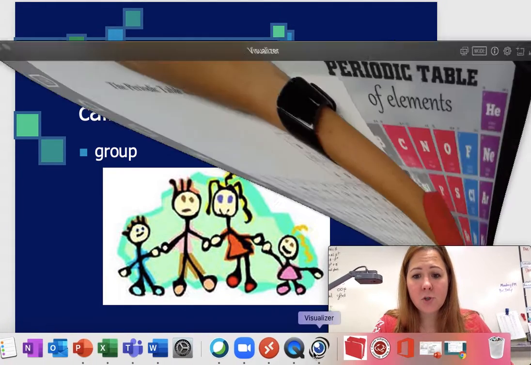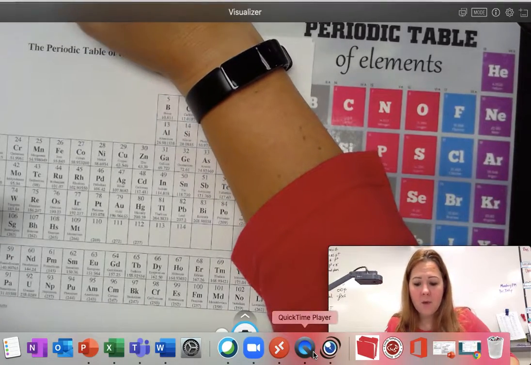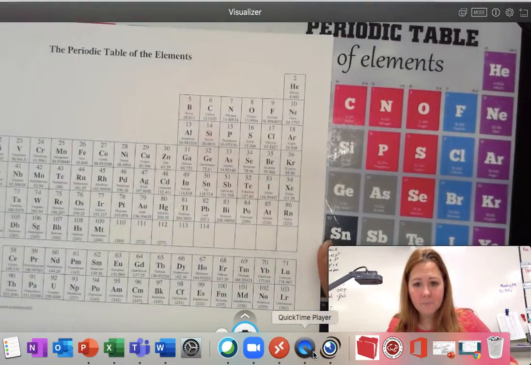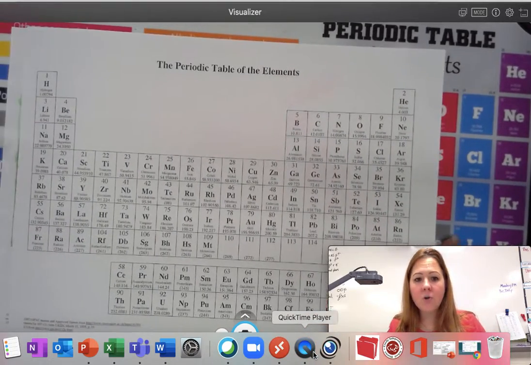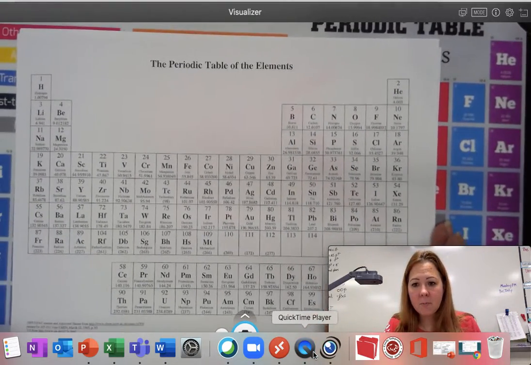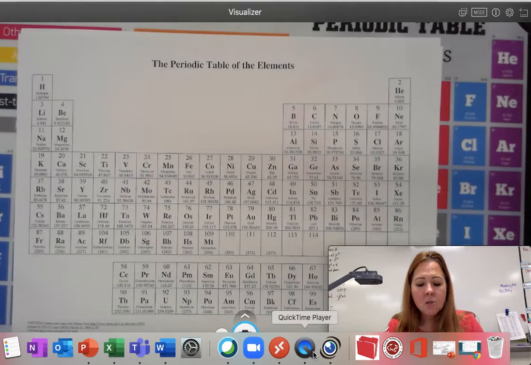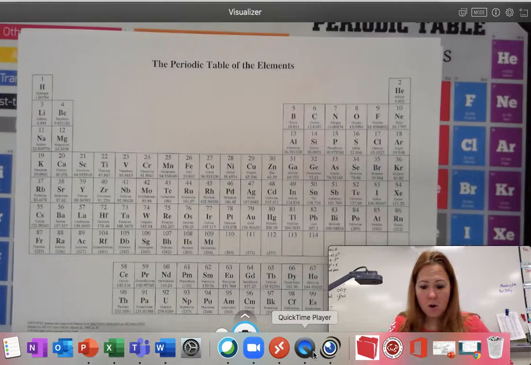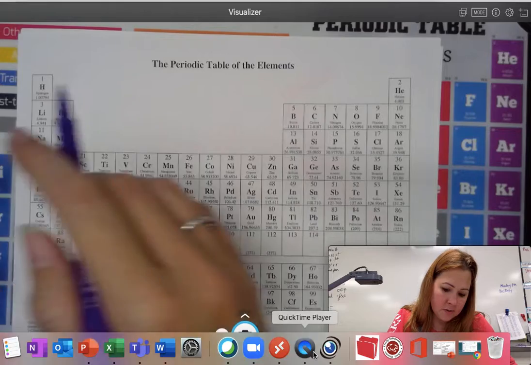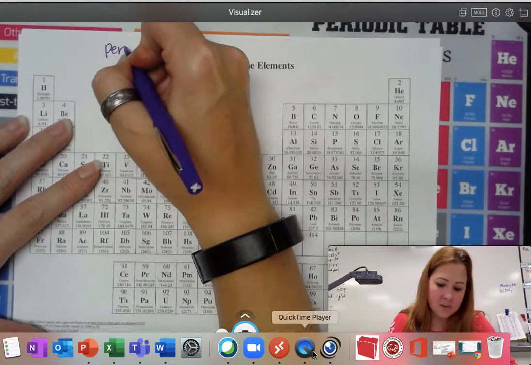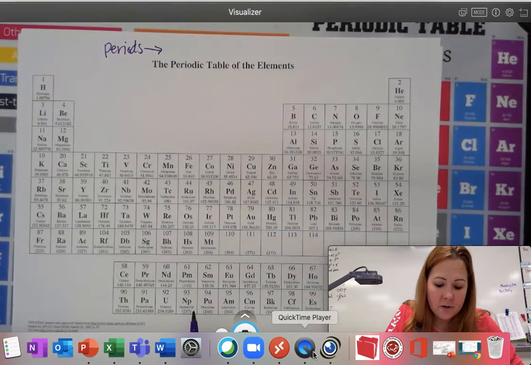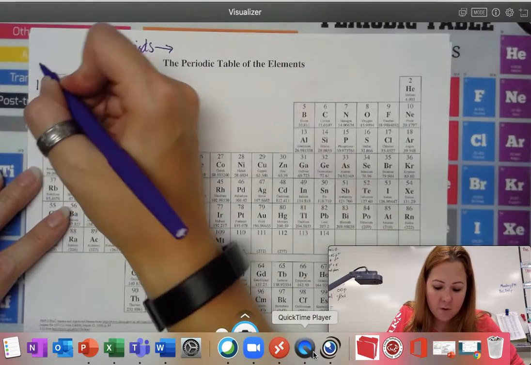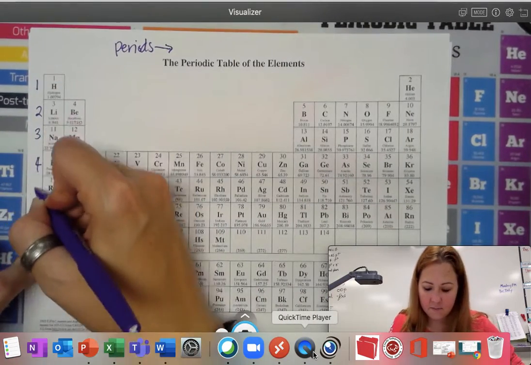So if I switch over to my document camera here, on your periodic table, because you're going to need to reference this in some of the things that we're doing, we're going to number this off. So your periods go across this way. There are 7 of them. So they just get numbered off 1, 2, 3, 4, 5, 6, and 7.